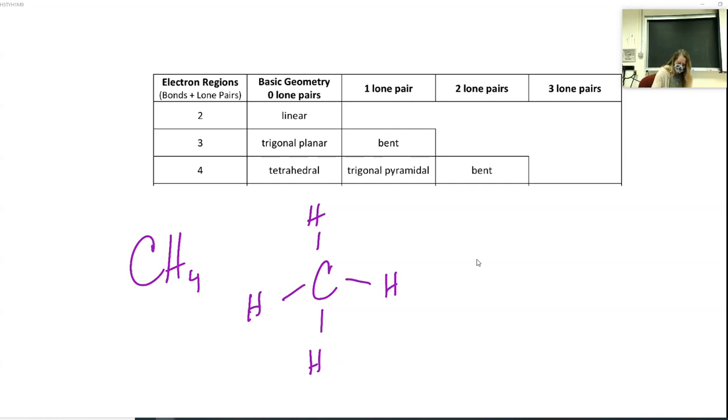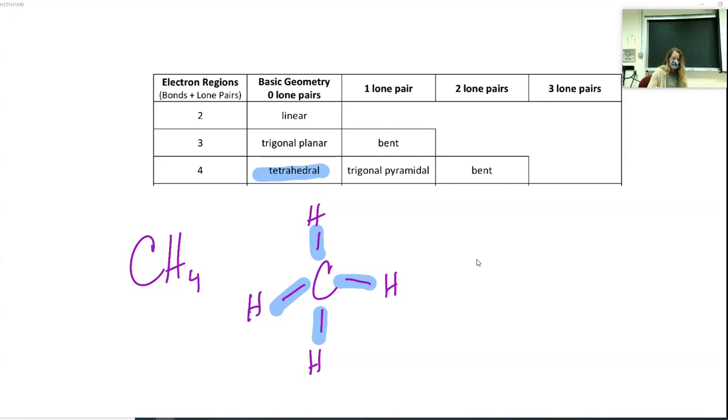These all happen to be bonds. So we have 0 lone pairs on my carbon. Therefore, this has to be tetrahedral. So my tetrahedral shape is right here. So you can see that these angles, they're not 90-degree angles. They push as far apart as possible in three-dimensional space. So they'll end up being about 109 degrees away from each other. So this is a tetrahedral molecule.